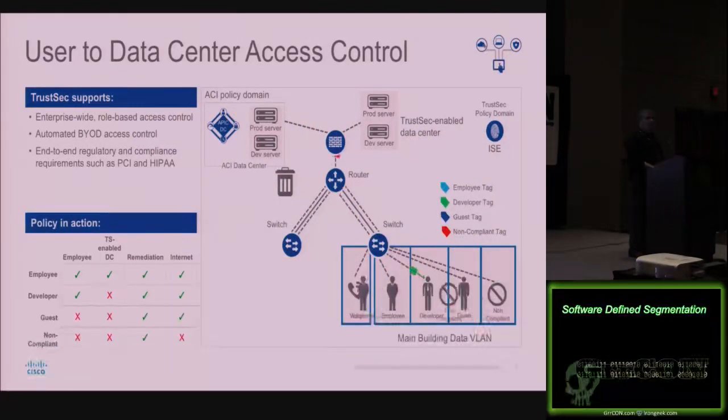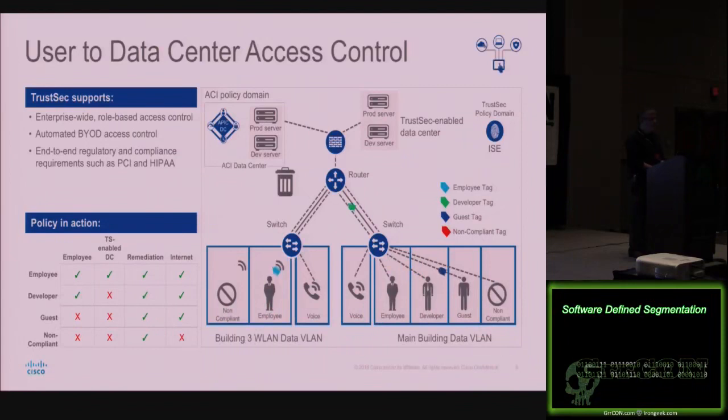What this allows us to do is define what a user is allowed to get to within a data center, and limit people to only the resources that they need access to do their job, right? This is beneficial for compliance reasons. For example, if you're PCI compliant and you have a PCI zone, we can limit access to that PCI zone to just those people that should have access to it.